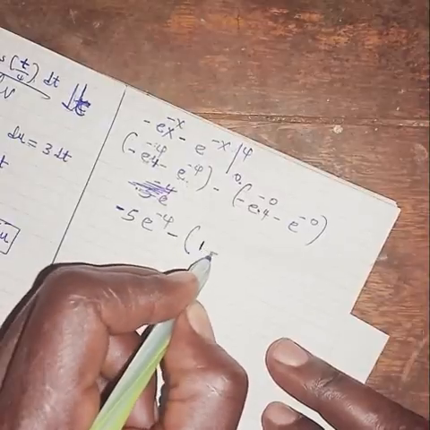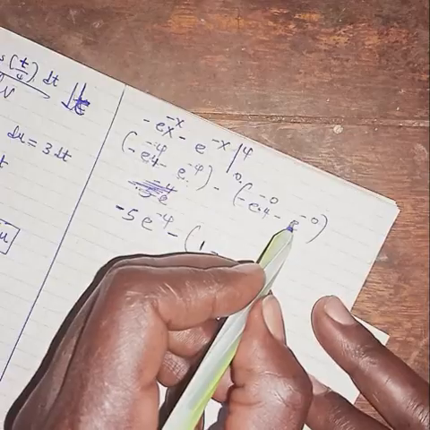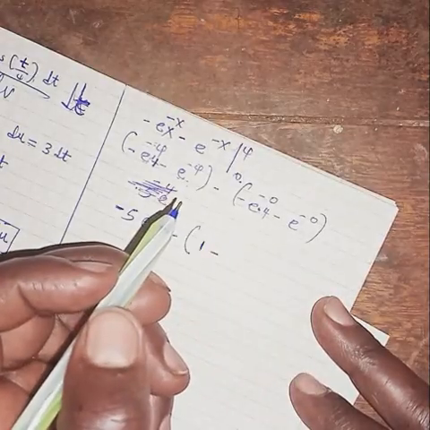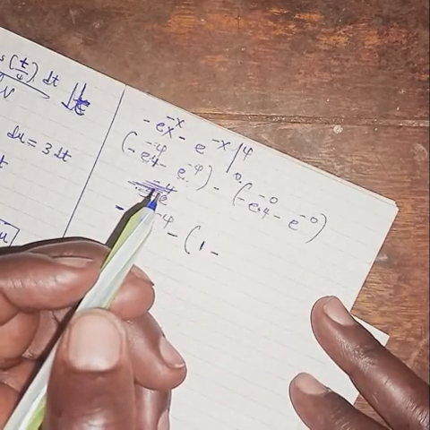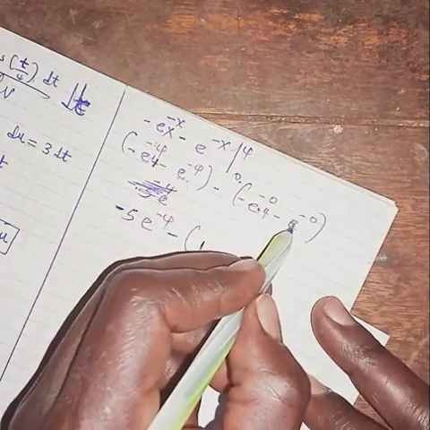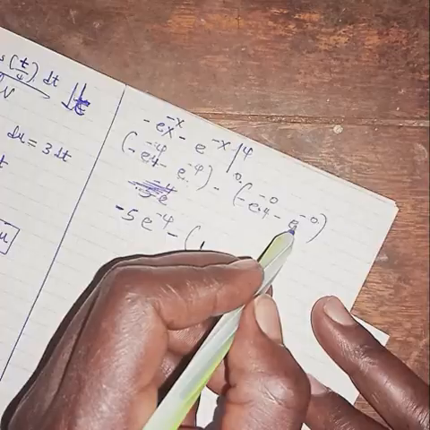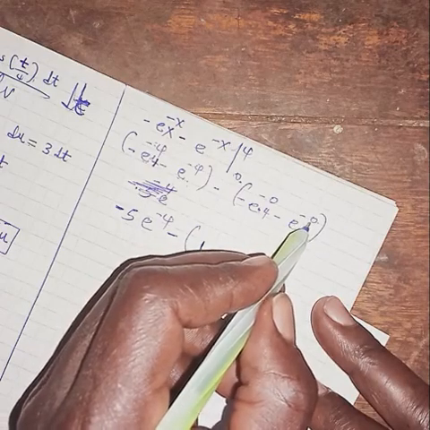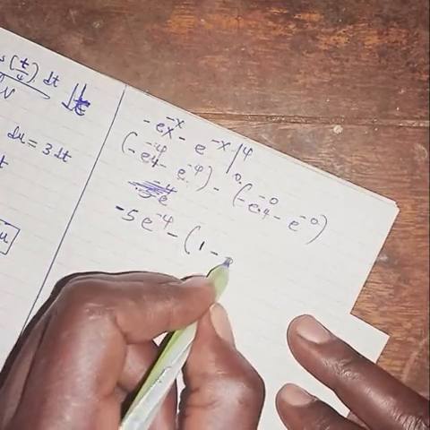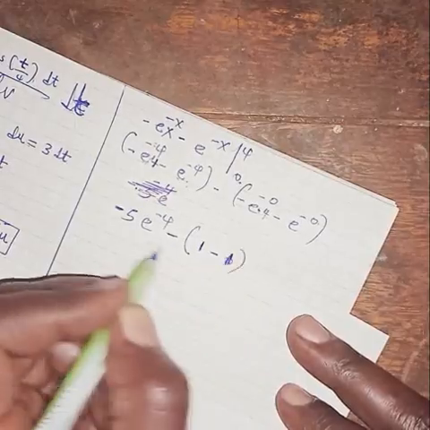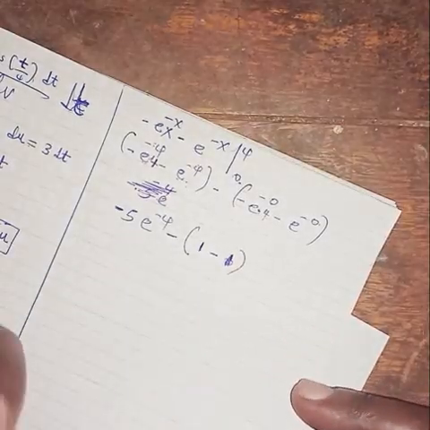So 1 minus, e raised to 0 is just 1. Here is just 1.